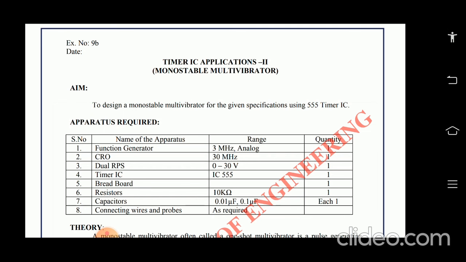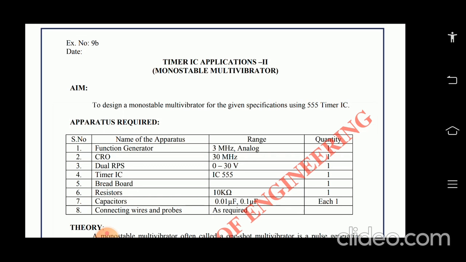It is also called a one-shot multivibrator, and it is a pulse generator circuit. Here the duration of the pulse is determined by the RC network connected externally to the timer. In the stable state the output of the circuit is approximately 0, or at a low level.